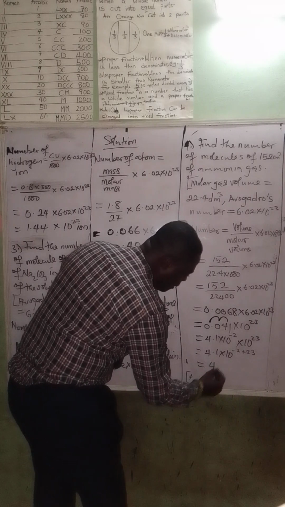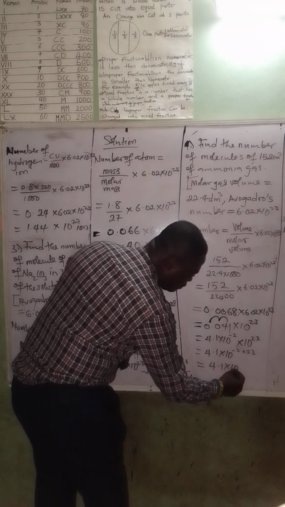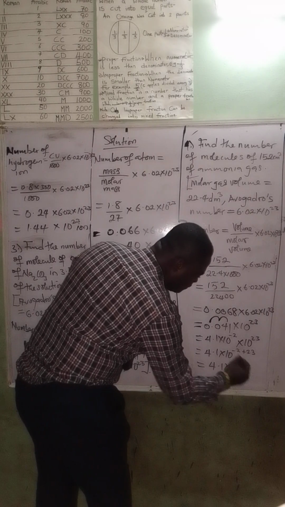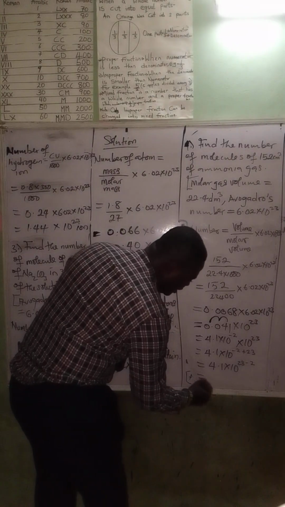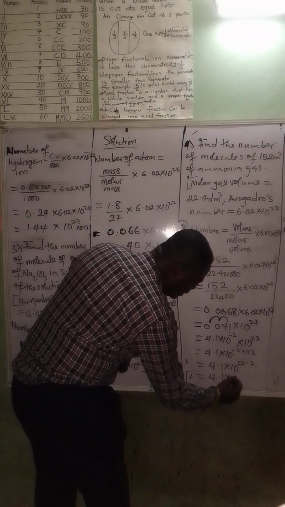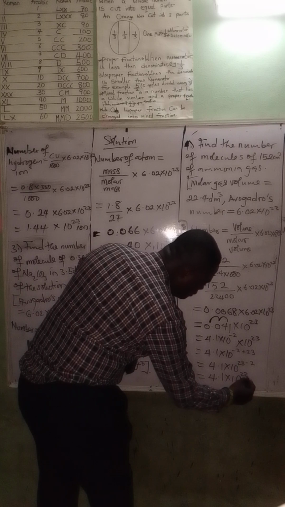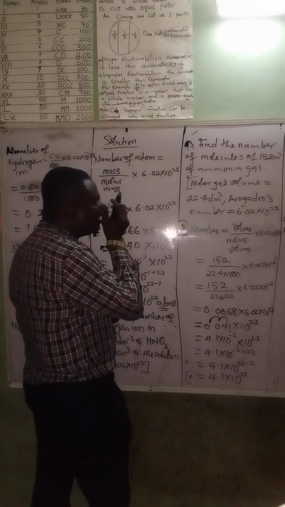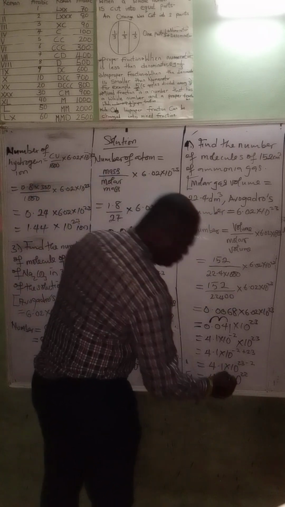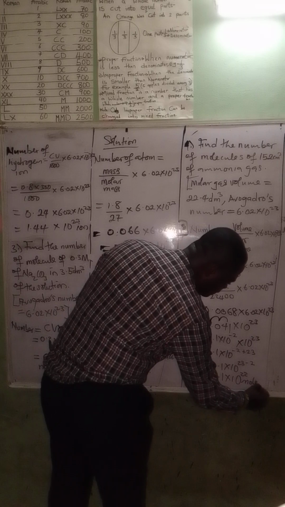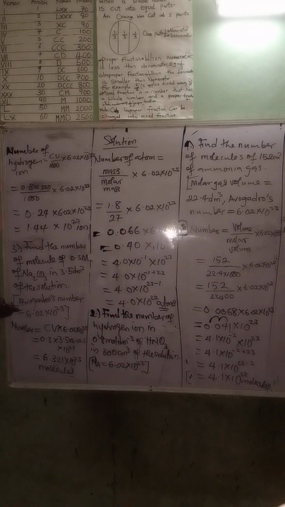Then this gives us 4.1 times 10 to the power 22. 22 what? What is our answer to find? Molecules.